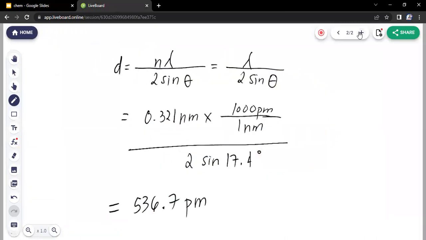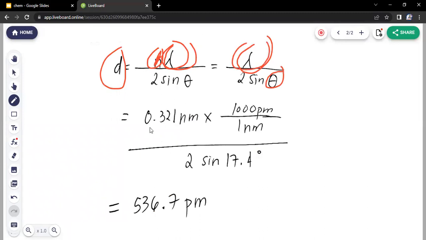So we have the value of the distance, then we have the lambda and the value of n. The lambda is the wavelength that strikes the aluminum crystal. Omit the n, since that is 1, so d equals lambda over 2 sine theta.